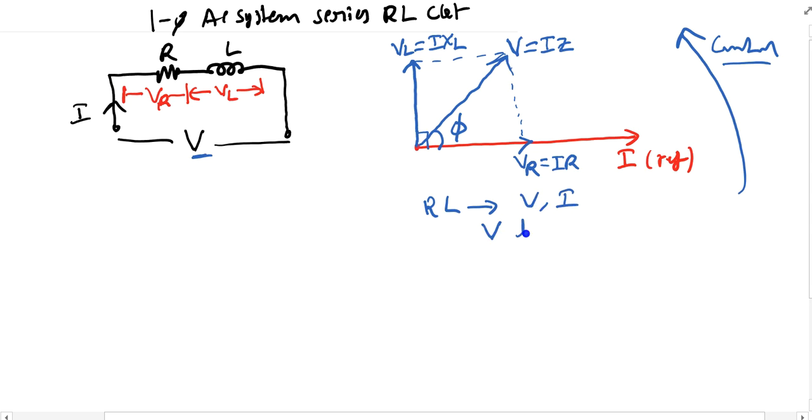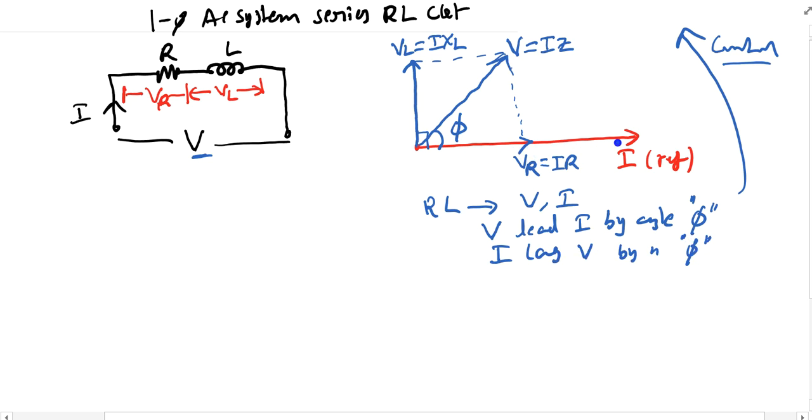My voltage leads current by an angle of phi. Otherwise, my current lags voltage by an angle of phi. So that is the meaning.